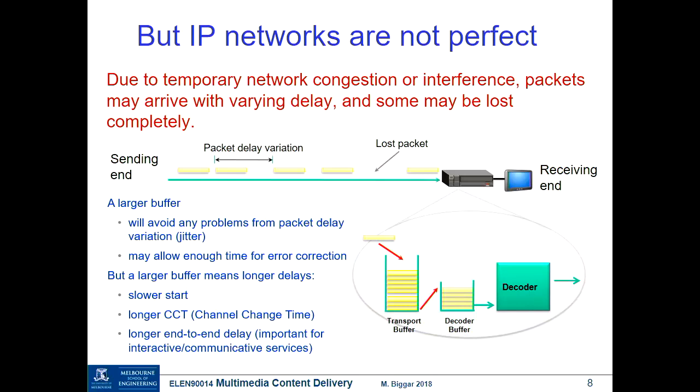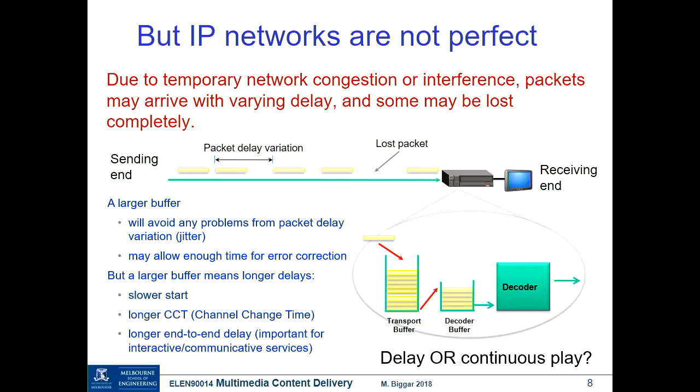If we suddenly decide to change streams, then we have to flush that buffer and again wait for it to part load before we can start playing out. And there's longer end-to-end delay, so that's certainly important for communicative services like FaceTime or Skype, right? So not looking good, but we'll pursue it.